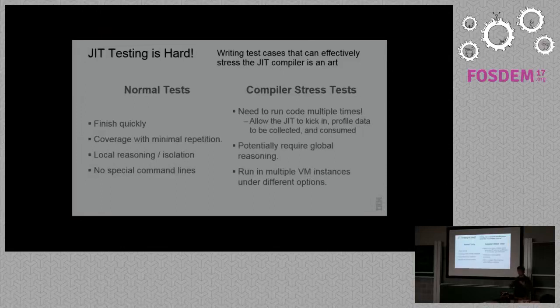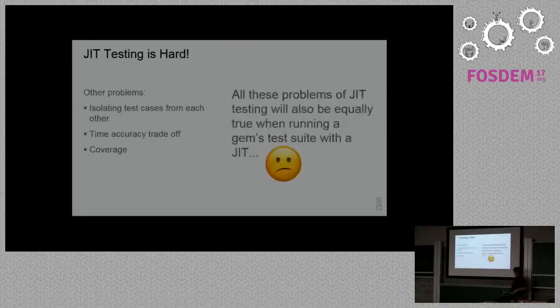Once you have this idea of infrequent event notification, or you do optimization based on speculation, then you have to be able to reason about when that speculation fails and what the impact is. You're going to have to run many VM instances under different options. And all of these problems end up being the same when we're going to test your gem underneath a JIT.